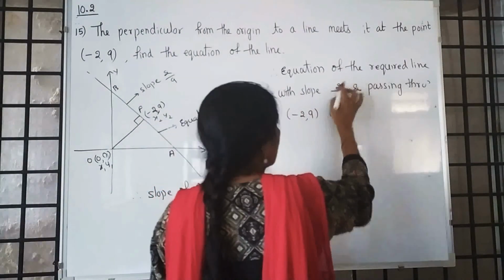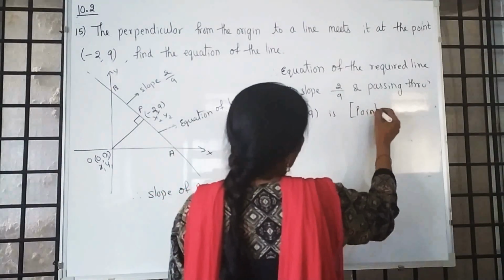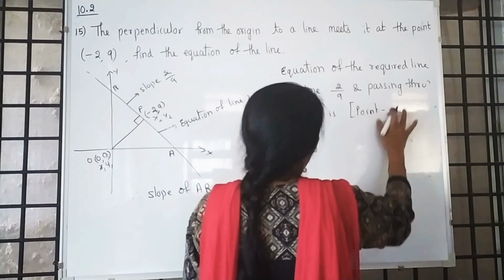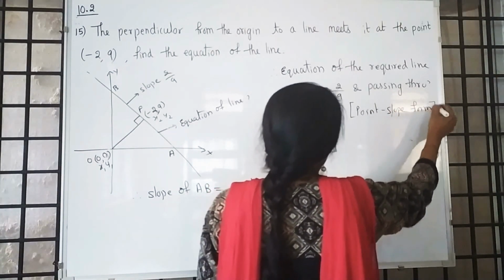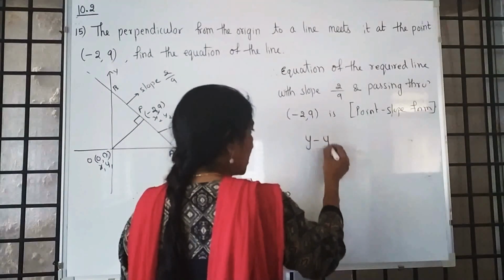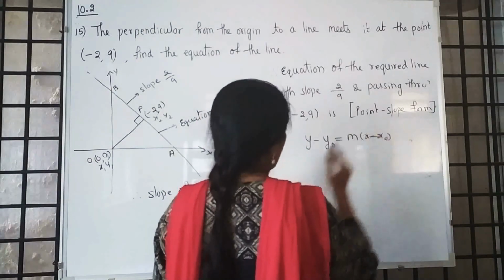You know one slope and one point. Which formula? Point slope formula. Yes. That is y minus y naught is equal to m into x minus x naught.